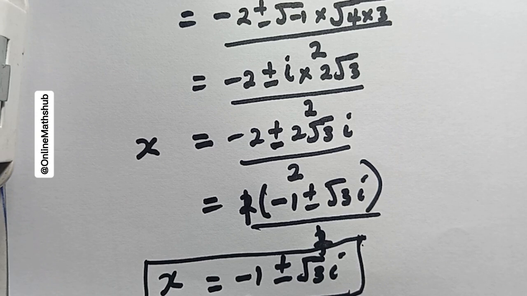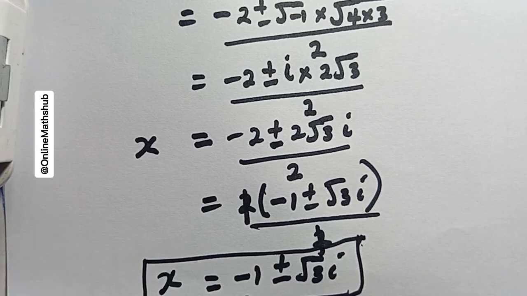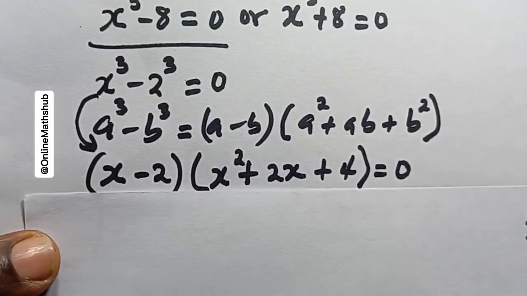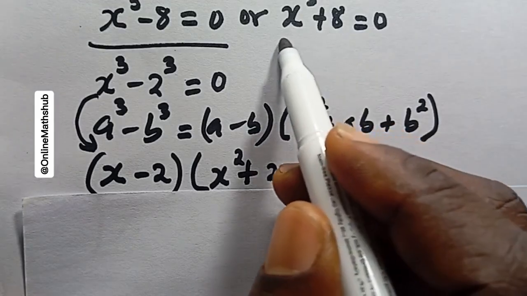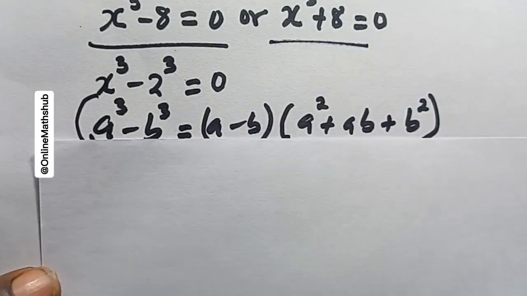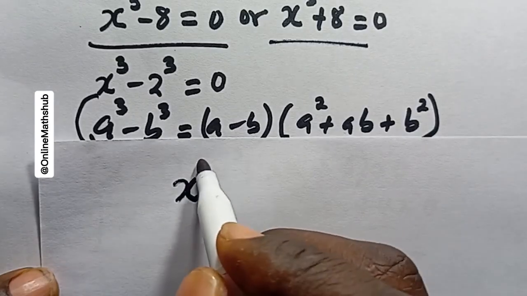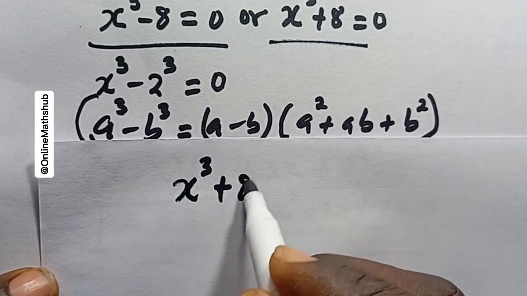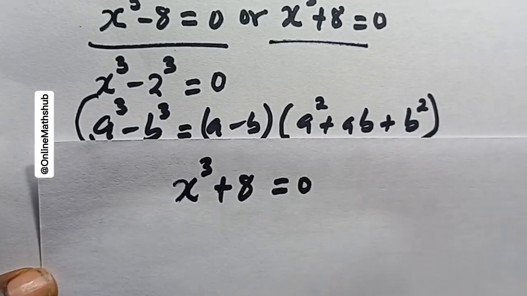So what we have to do next is to go ahead and obtain the remaining three values of x. We are just going to consider this case right here. So what we have there is x power 3 plus 8 is equal to 0.